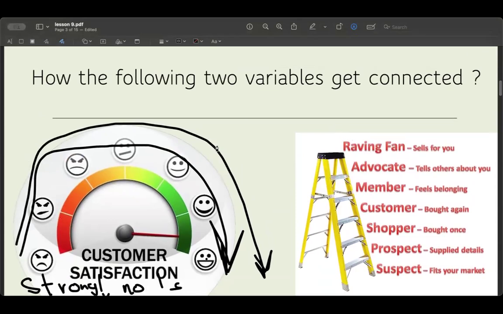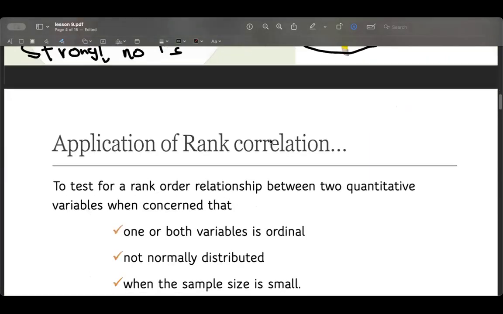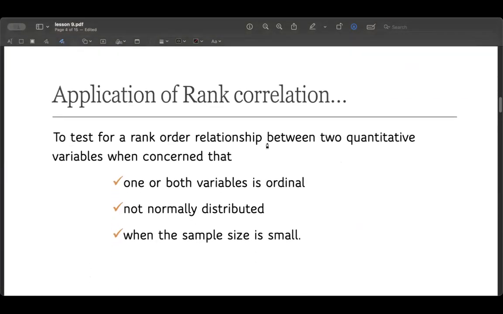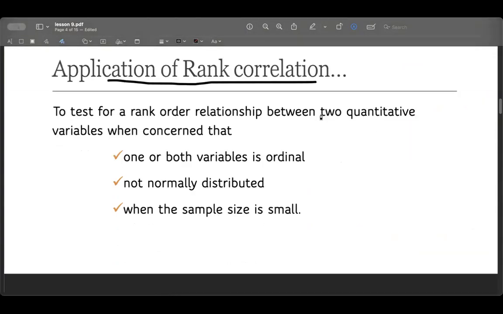Our task is to connect these two variables, the customer satisfaction as well as this, together and build a rank correlation. To do that, we have to apply the rank correlation.